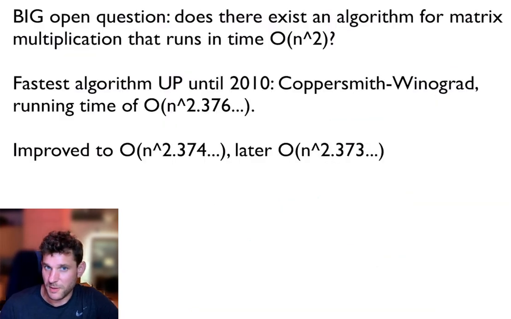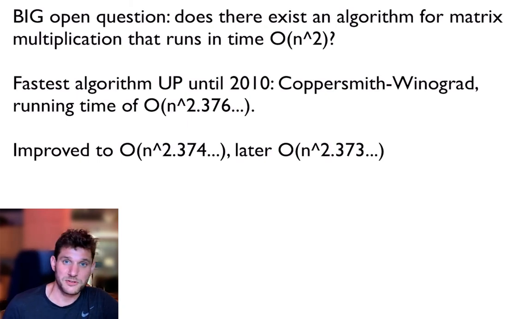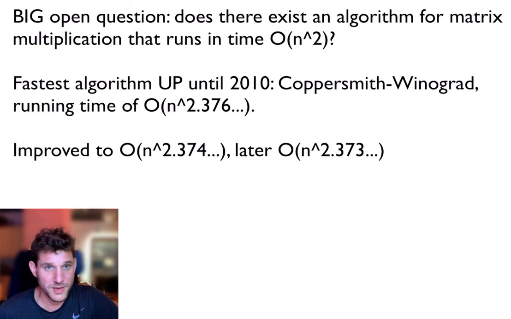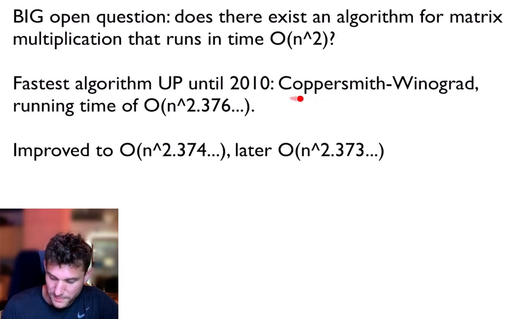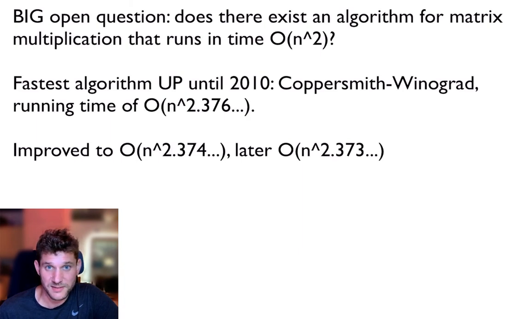Let me just finish with a couple of interesting notes. The problem of matrix multiplication is a very interesting one in computer science because it's still not even known whether you'll be able to get something down to the order of n squared. It could be that there is an algorithm that's on the order of n squared for matrix multiplication, we just don't know. Up until 2010, the fastest algorithm was the Coppersmith-Winograd algorithm, which has a running time of n to the 2.376.